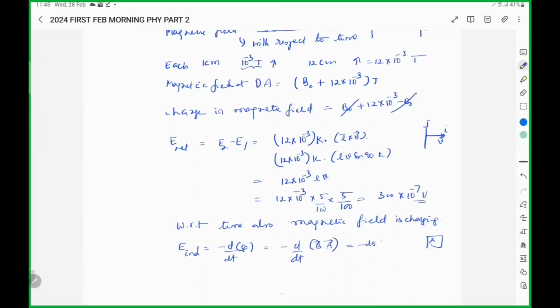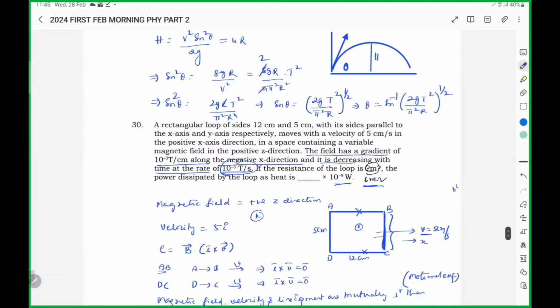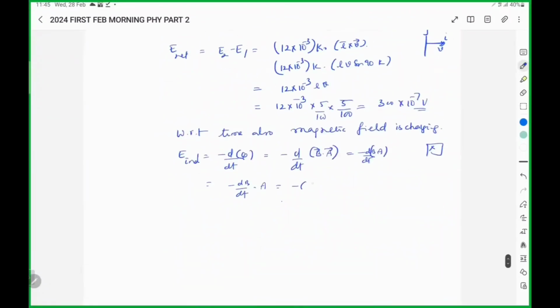I can write d by dt of B dot A, that is nothing but minus dB by dt dot A. So here it is with respect to time, it is decreasing at 10 power minus 3 Tesla per second.